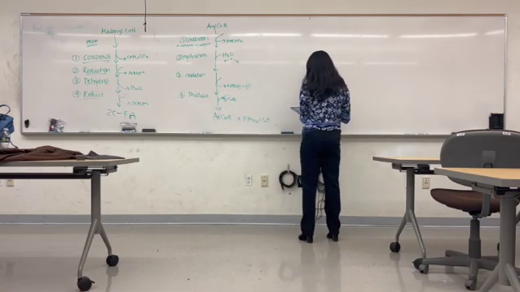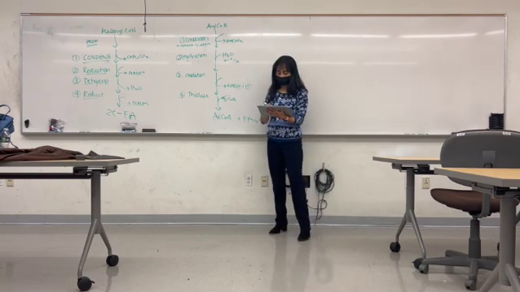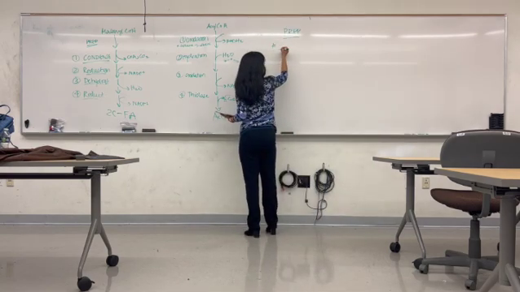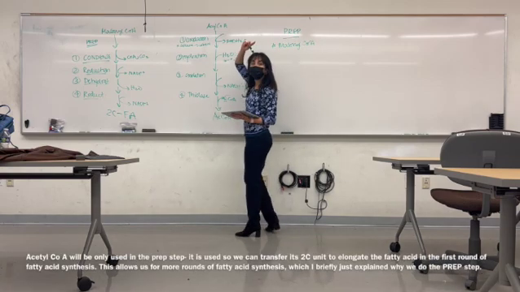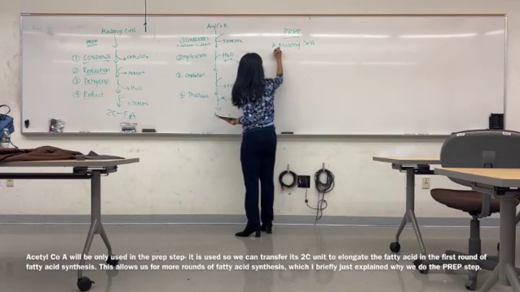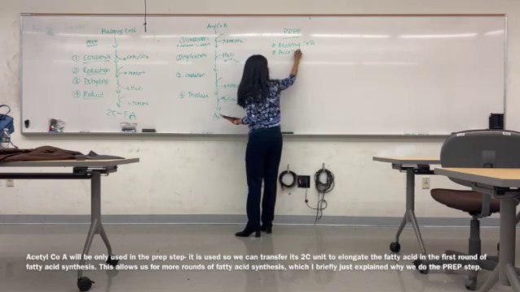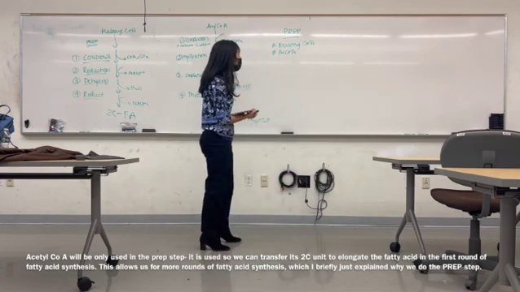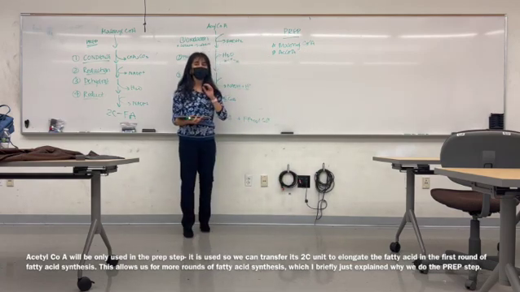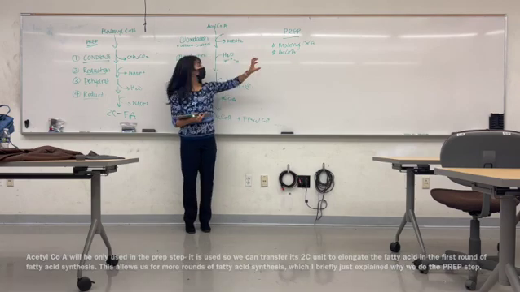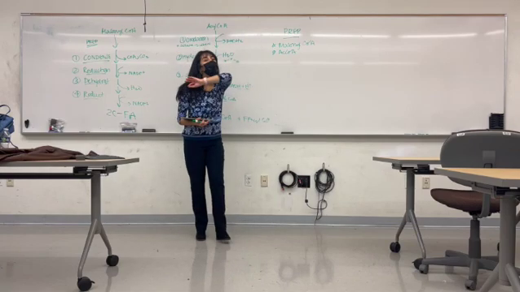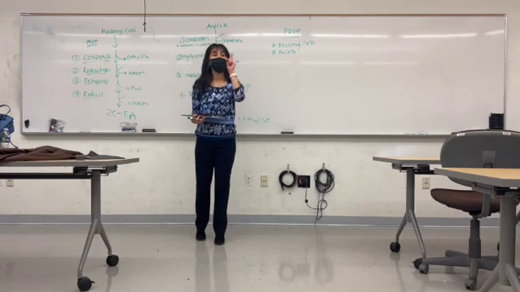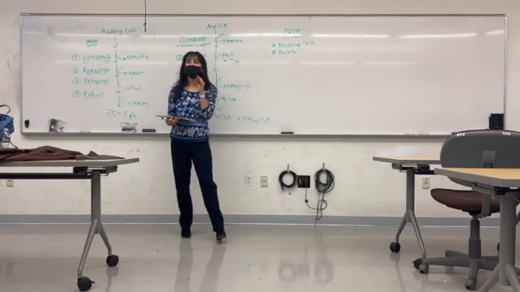So, now I'm going to really quickly write the prep. You need to start with a Malonyl Co A, and you need to start with an Acyl Co A. This Acyl Co A is the only Acyl Co A in all of fatty acid synthesis that does not transform into Malonyl Co A. What does that mean?